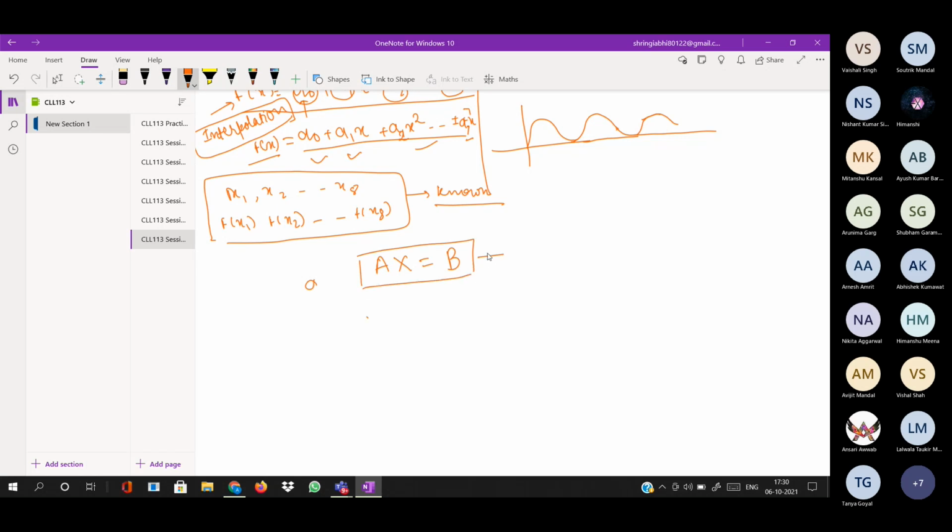This was our standard notation, but here it is something like x times a's is equal to y. Now one can ask, what should we write as a? A is a vector, a0, a1 till an.